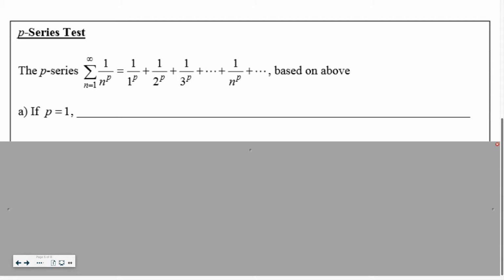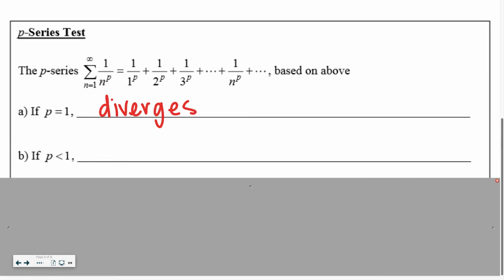If P equals 1, what happens to our integral? It diverges. Okay, so then our series will also diverge. If P is less than 1, it also diverges.